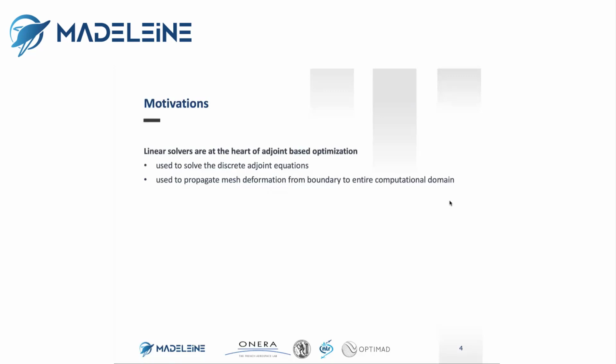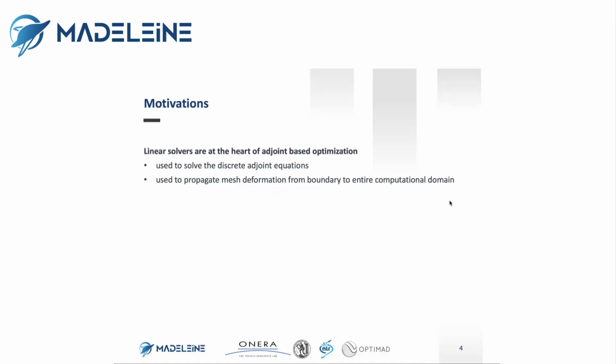But most of the partners in Madeleine use the discrete adjoint, and so there was a high interest in direct linear solvers. And finally, linear solvers are also often used in order to propagate surface deformations into the mesh. So they are often part of the kernel of the mesh morphing technology.